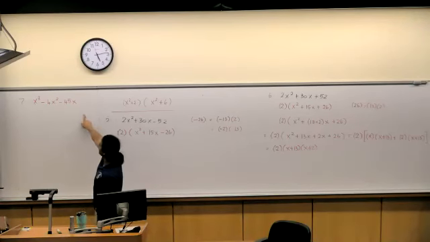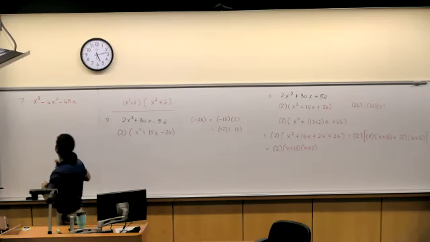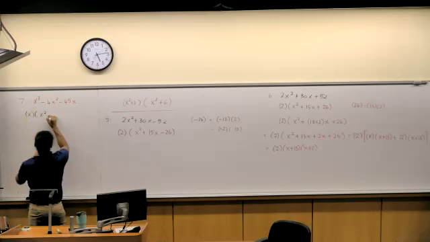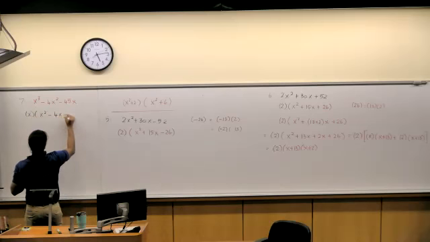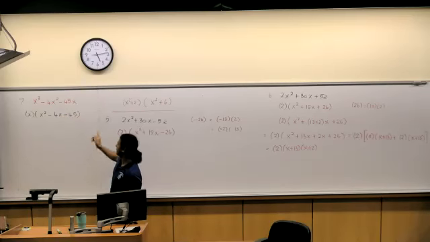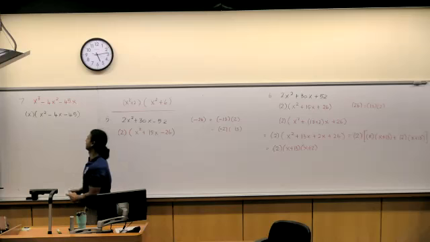So first step, we have an x in common, so we can pull that x out, which would mean we have x squared minus 4x minus 45. So the number here is negative 45 times 1.